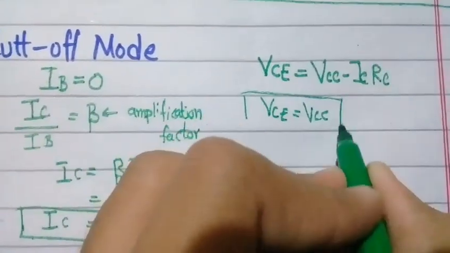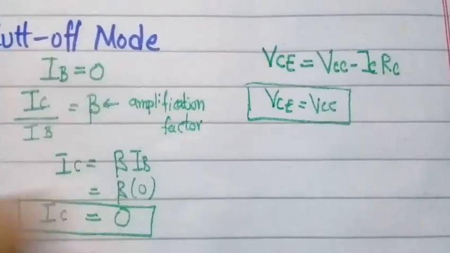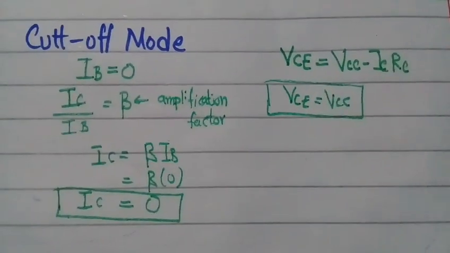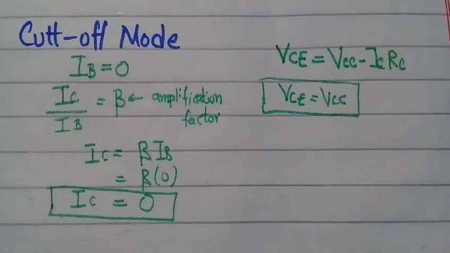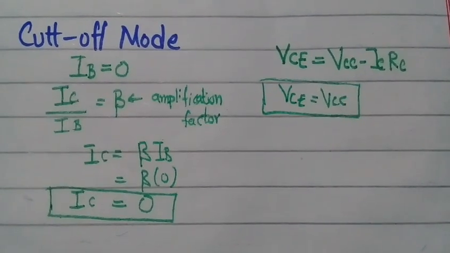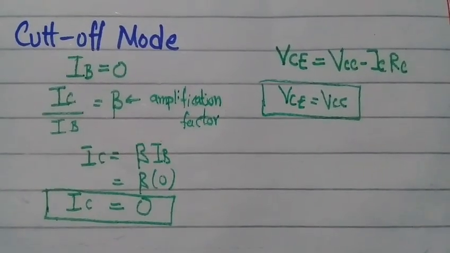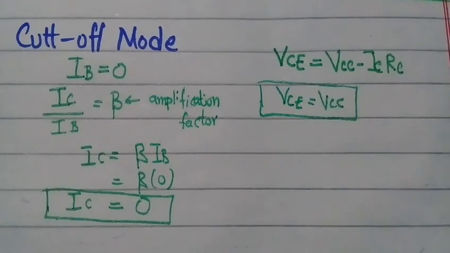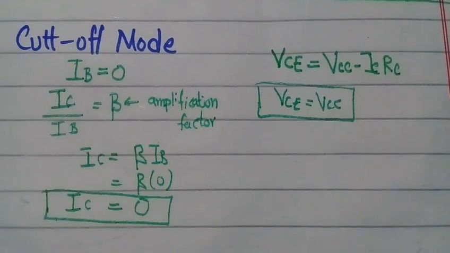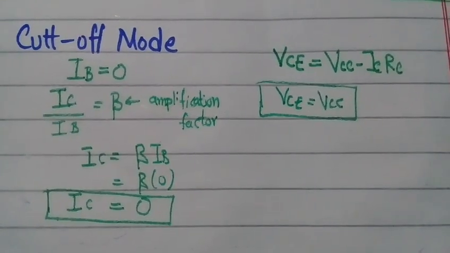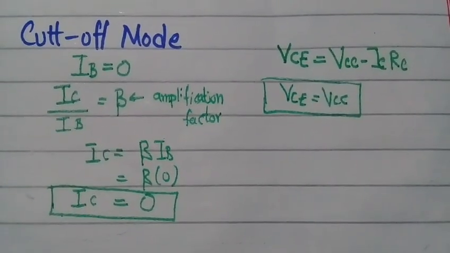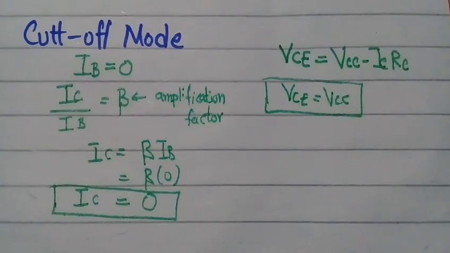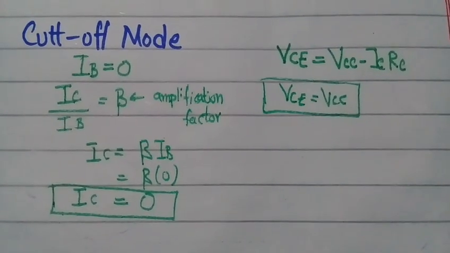The collector emitter junction will be equal to the battery voltage, which is called VCC. So guys, this is the cutoff mode of a transistor where collector emitter junction is equal to VCC in common emitter configuration, while VCB is equal to VCC in common base configuration.